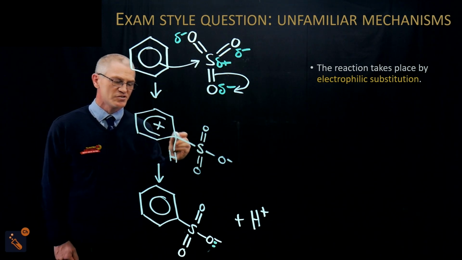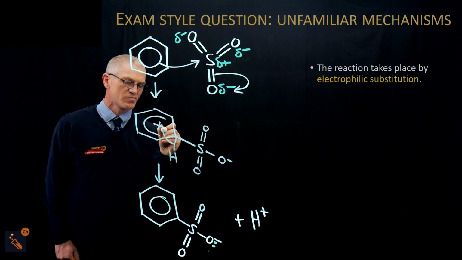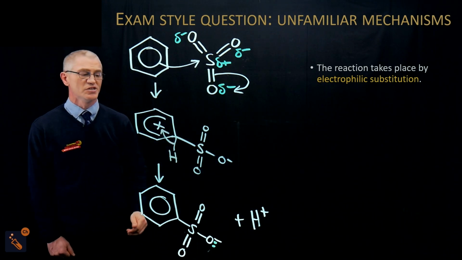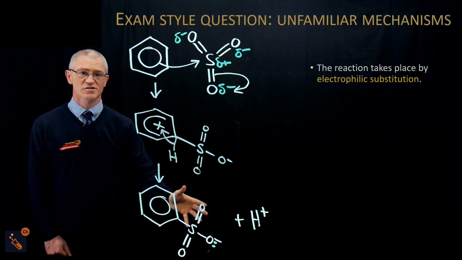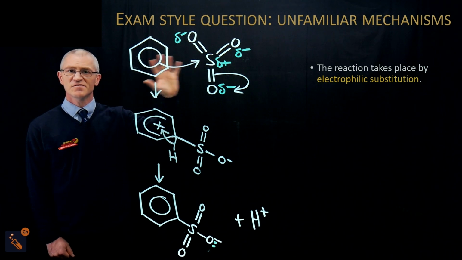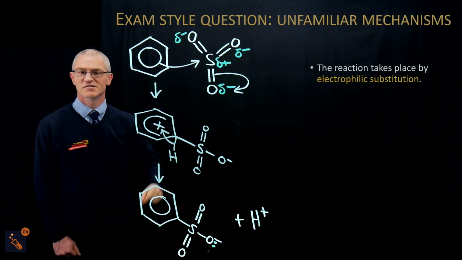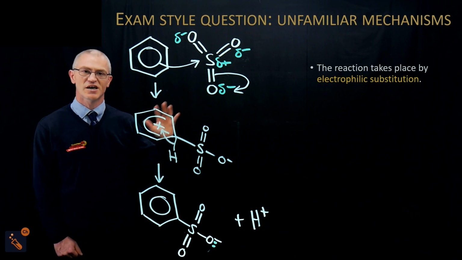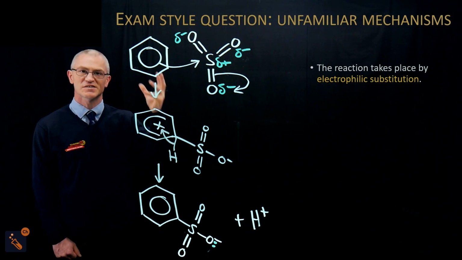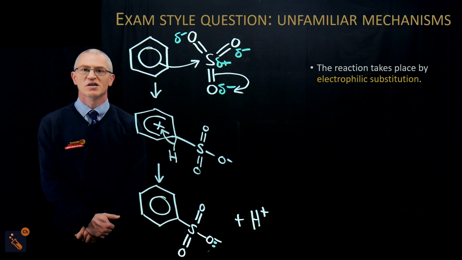We want to cancel this positive, so we take those electrons back in. Okay, that will mean that this will go to this, and you'll have your H+. And this is an unfamiliar mechanism because it's something that you haven't come across, but at the same time it's familiar in terms of its electrophilic substitution.